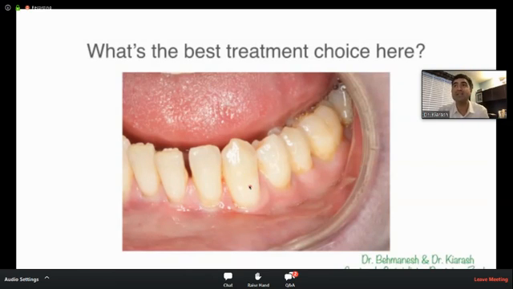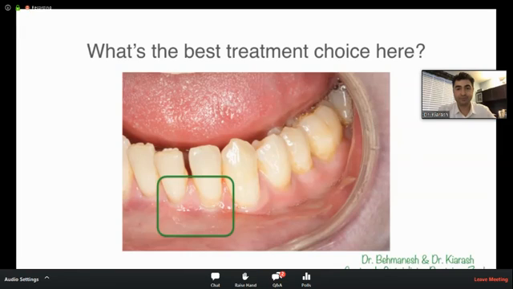What would be the best treatment choice in this case over here? Now, try to put everything together. We're looking at recession level. We're looking at soft tissue level. Let me get the poll back. And we're going to pick a different kind of question for this one. So here's the poll.